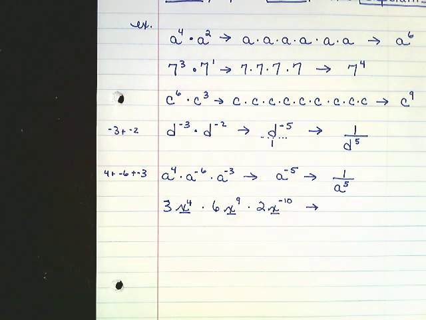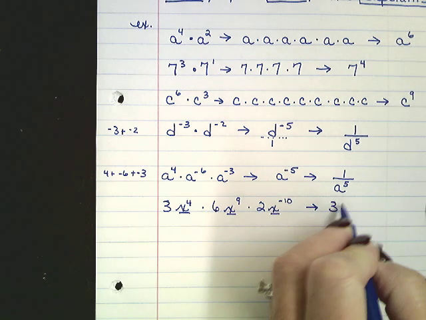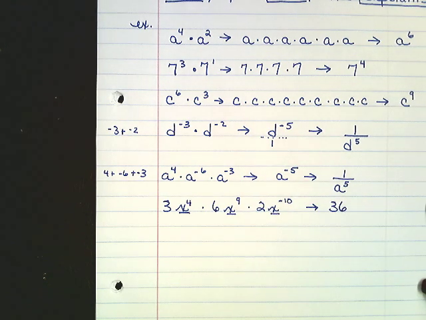Okay, x is the same that has those exponents. The coefficients are different, but we're not raising those coefficients to a power. We are only multiplying those x's, base x, to the powers. So you're just going to multiply those coefficients. So we have 6 times 2, which is 12, times 3, which is 36.